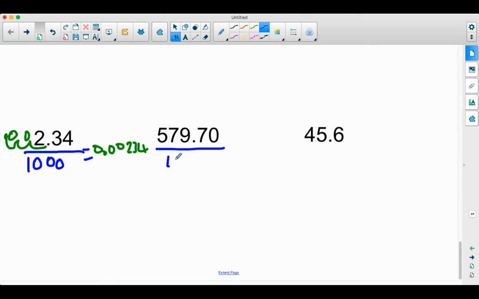579.70 divided by 1,000. That will give us, I move the decimal point 1, 2, 3 to the left. So you have 0.57970. Let's divide now 45.6 by 1,000.